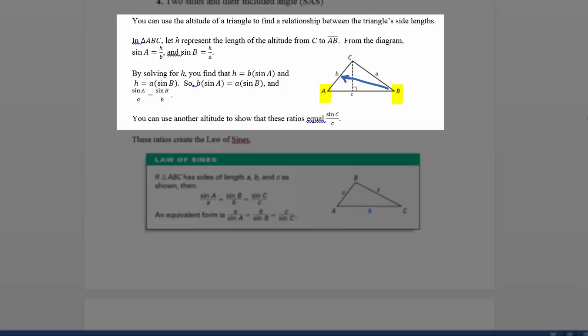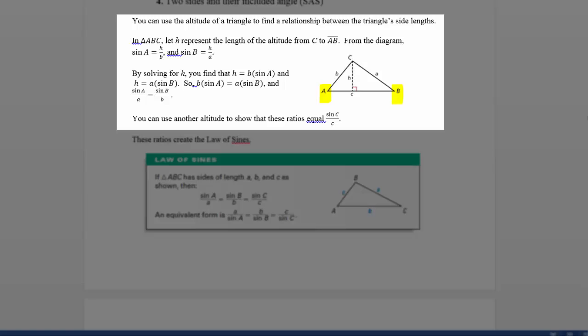So generally, if we give you a problem and we don't give you the actual visual, we just say triangle ABC, you would definitely want to set up your angles and your side lengths in the appropriate manner so that you do not mess up your given law of sines. Now, if we can set up a proportion between two particular angles and two particular sides, we can set up that same proportion and we can draw a different altitude.